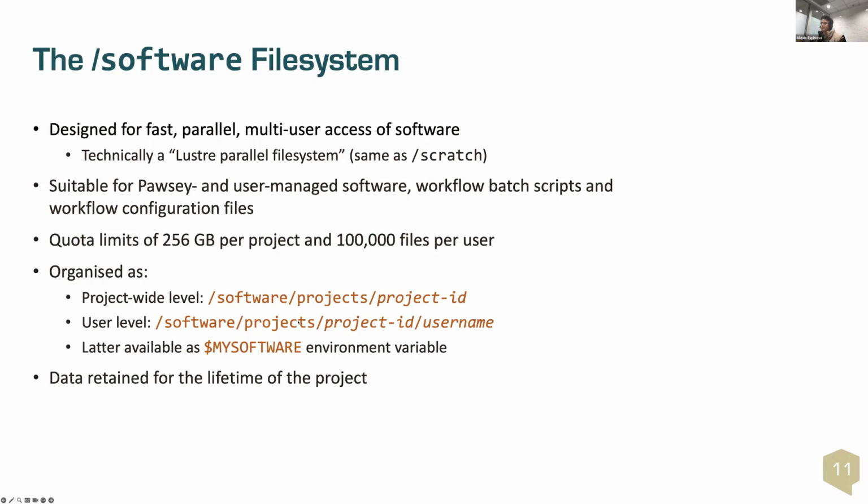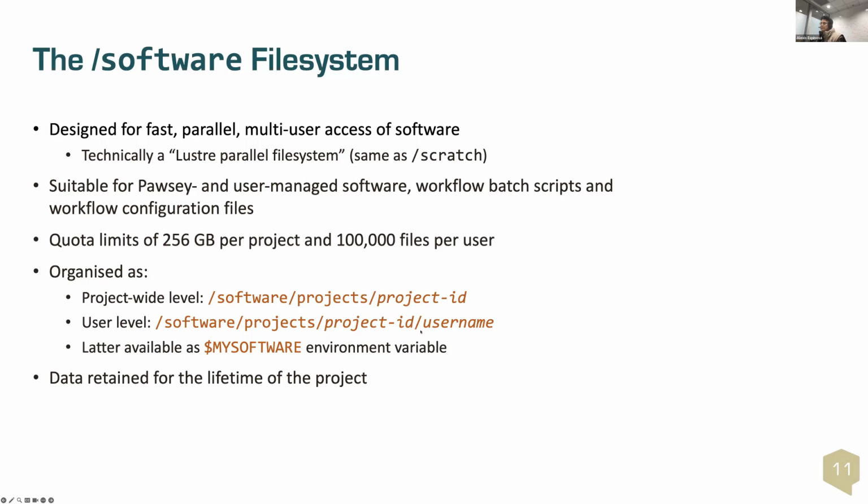And software is where to install software. If it is software that is going to be used only by you, you store it where the MYSOFTWARE variable points, which is software. Then we have this additional directory named projects, and then the name of your project, and then your name.